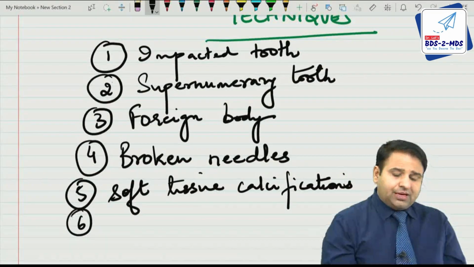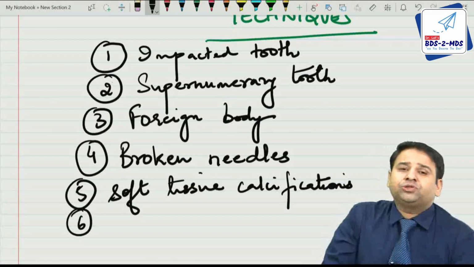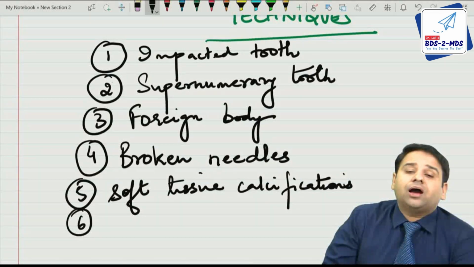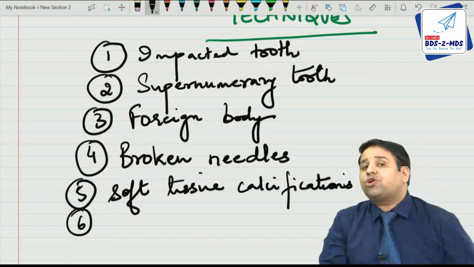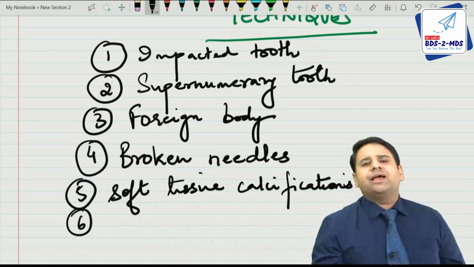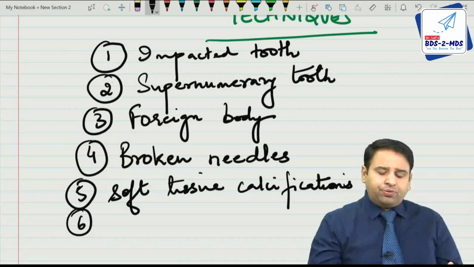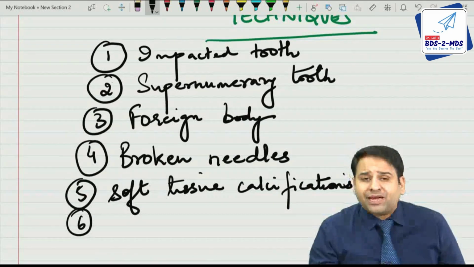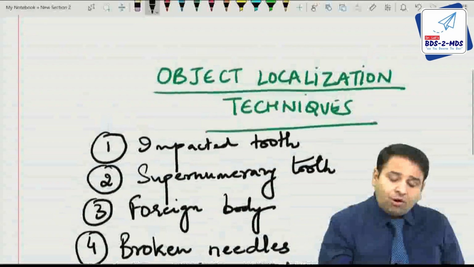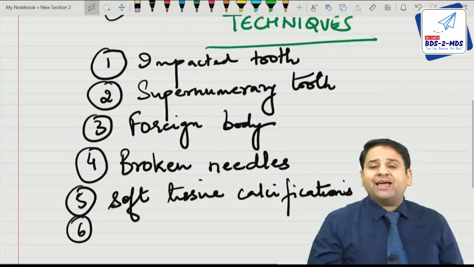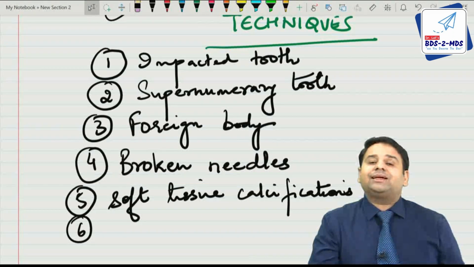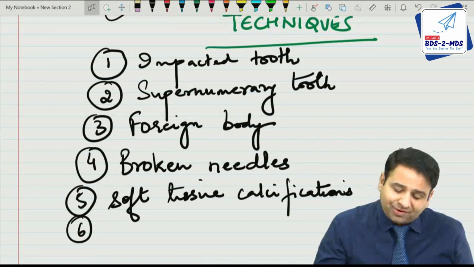Sometimes, to differentiate between a periapical pathology and mental foramen, you need to use these object localization techniques. In endodontics, if there is any broken instrument or extra canal, sometimes you use these object localization techniques. So these are the main indications when these techniques are required, right?